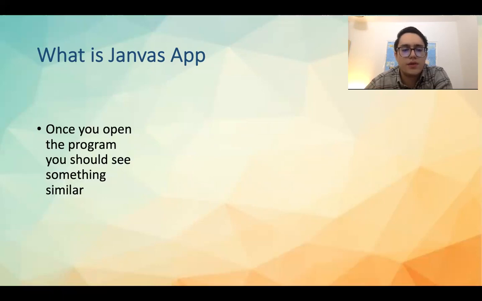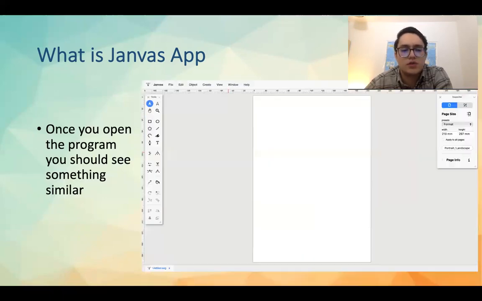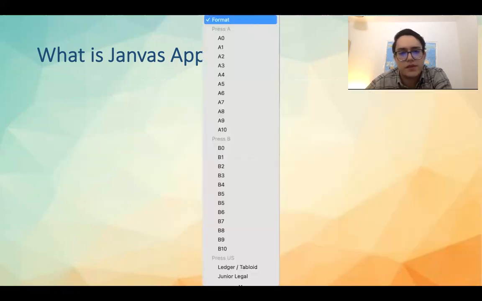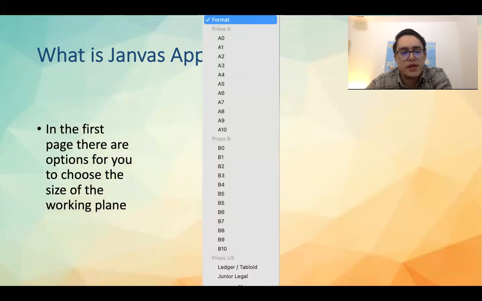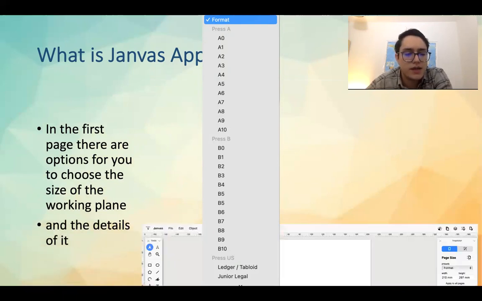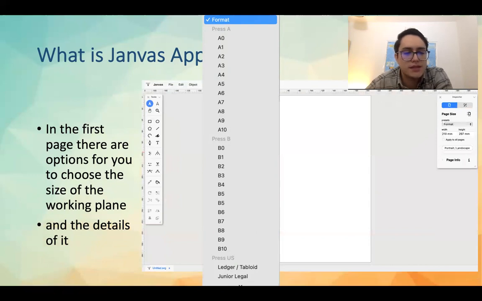Once you open the program, you should see something similar to this. This is the page, the online website page that you will see when you open this website. In the first page, there are options for you to choose the size of the working plane and the details of it.